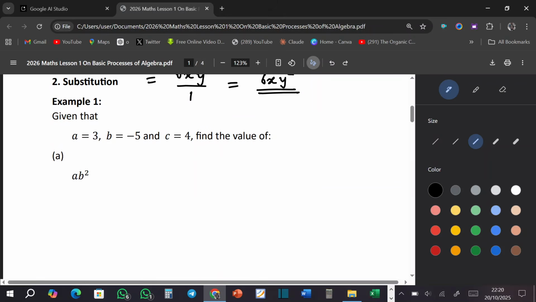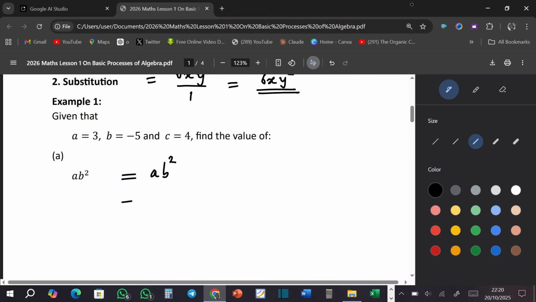Given that a is equal to 3, b is equal to -5, and c is equal to 4, find the value of ab squared. So what does this mean? It means that you substitute where there is a, you put 3 in here. So here you have a b to power 2.